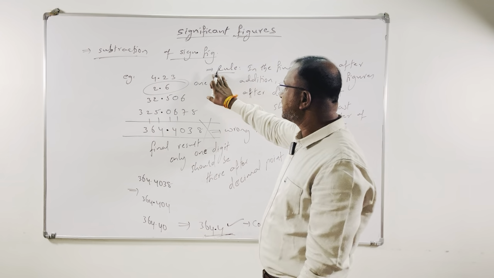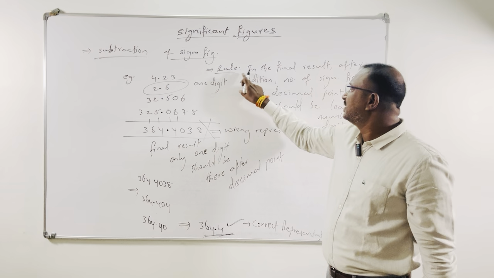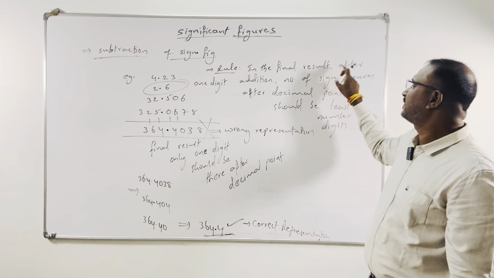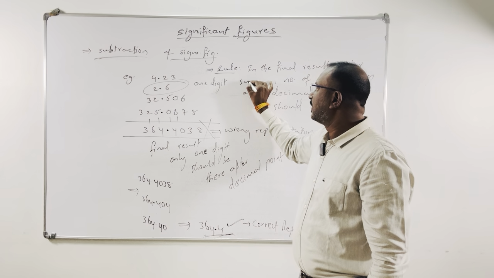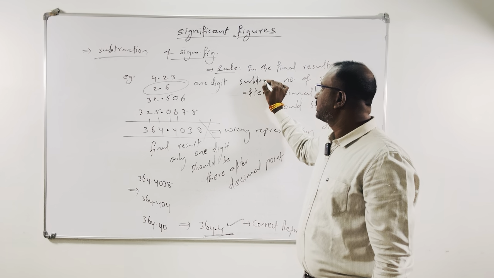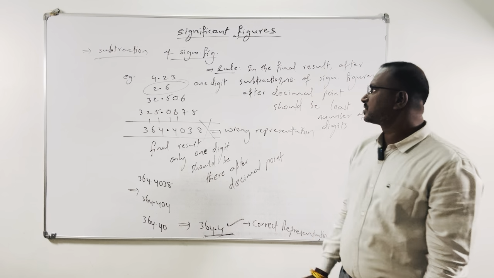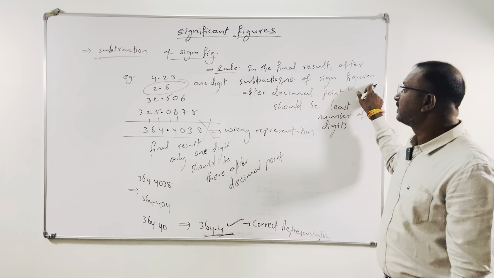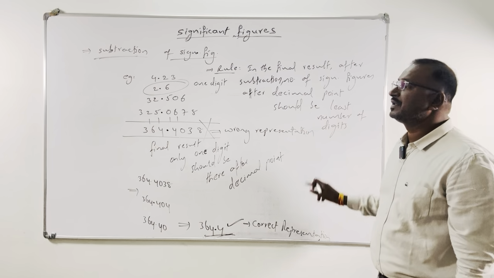Here also the rule is the same. In the final answer after subtraction, the number of significant figures after the decimal point should be the least number of digits.